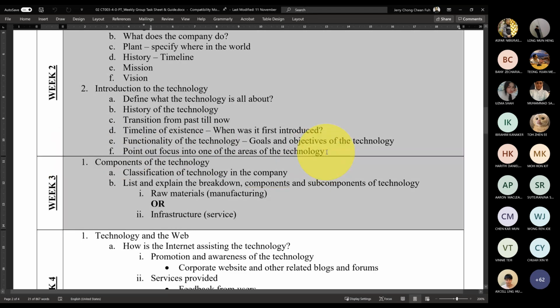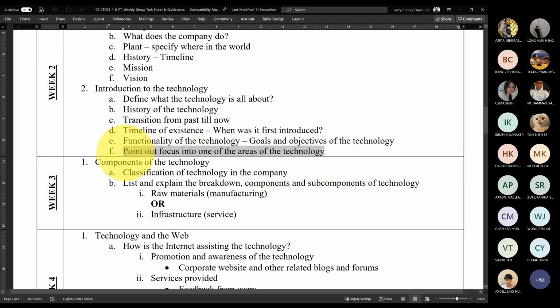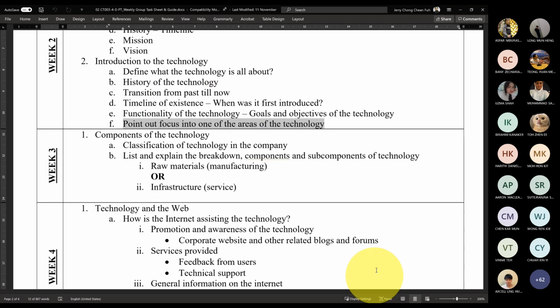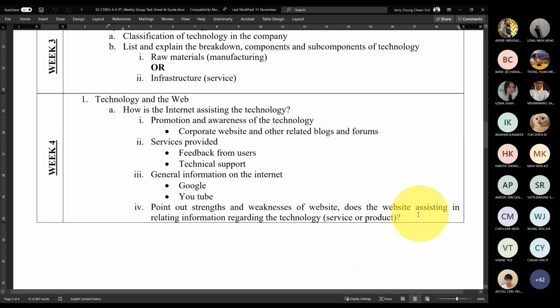I had quite a number of groups who came and asked me, what is this for, sir? Point out focus into one of the areas. This is just an additional line here to make sure that as you are doing all of this on the top, you are focusing into one particular area. The one that you see here now for week 4 is basically doing the same thing. This question here, you apply it to everything that you find up here.